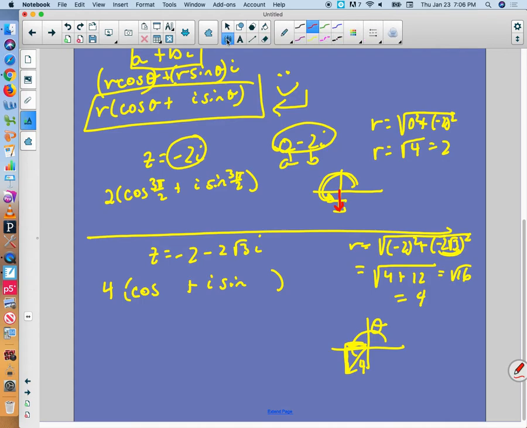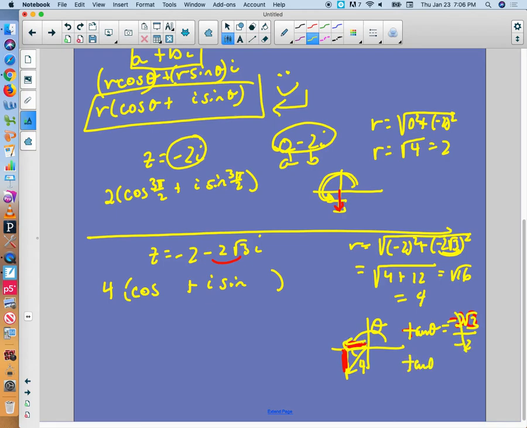You could do something like tangent of theta is opposite over adjacent, or your b component over your a component, your y over your x. And so this distance was negative 2 root 3 over this side, which was negative 2.